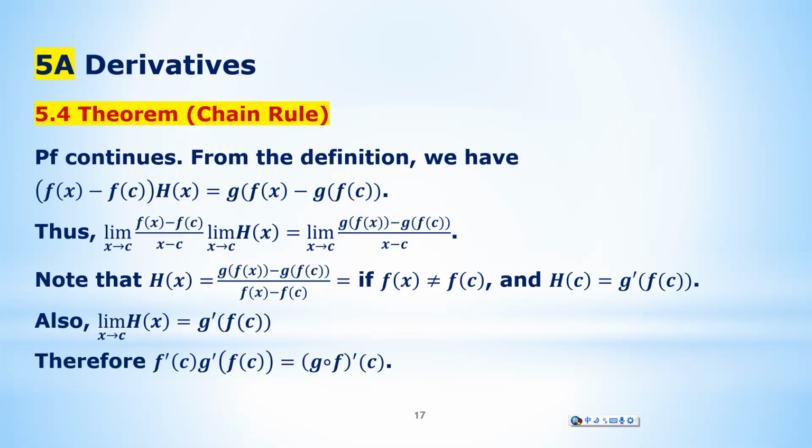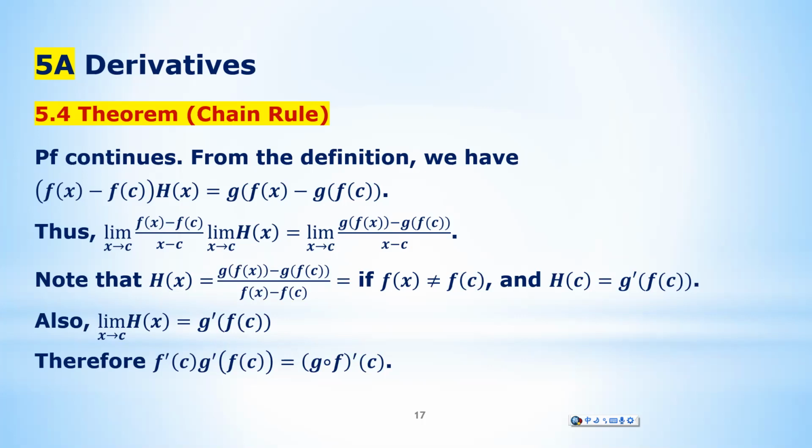And the right side is just the derivative of the composition function. So this is the correct way to prove the chain rule.